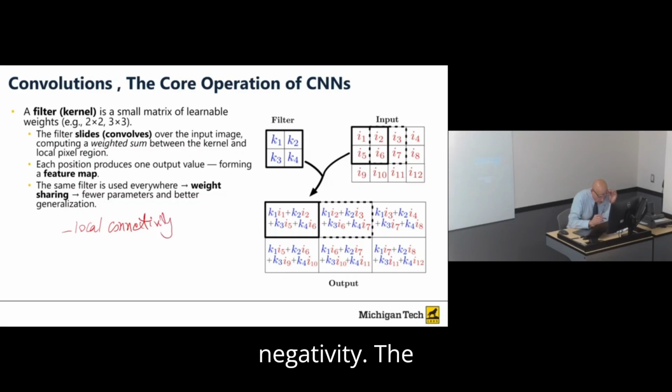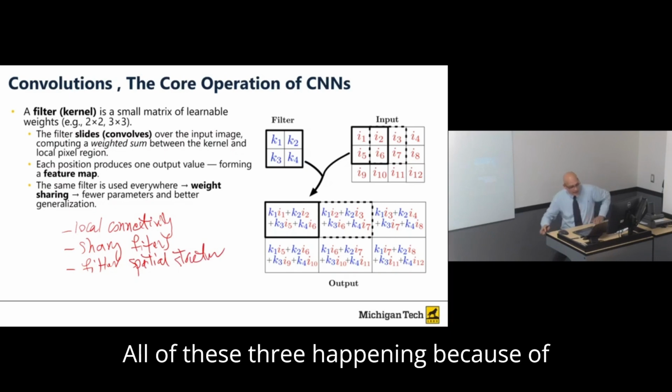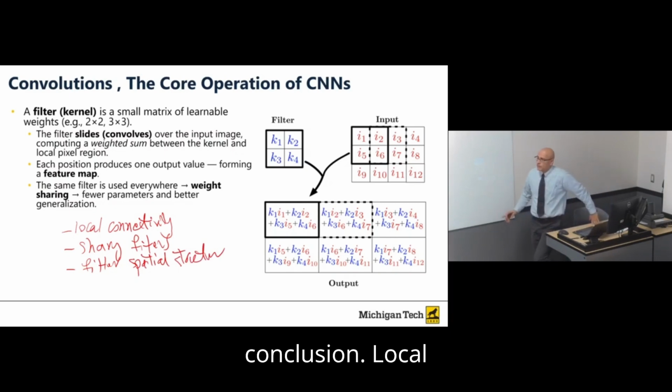The second one is sharing filter. And the last one is filter spatial structure. All of these 3 happen because of convolution.